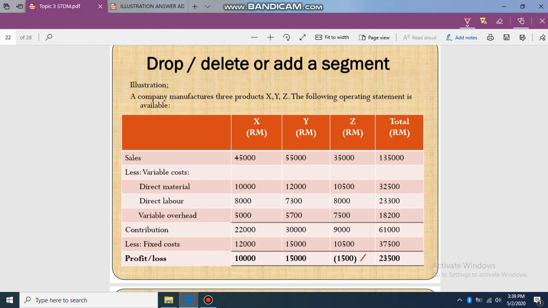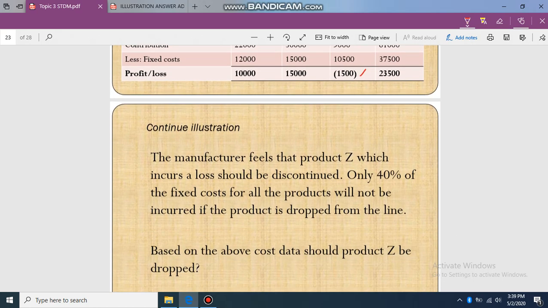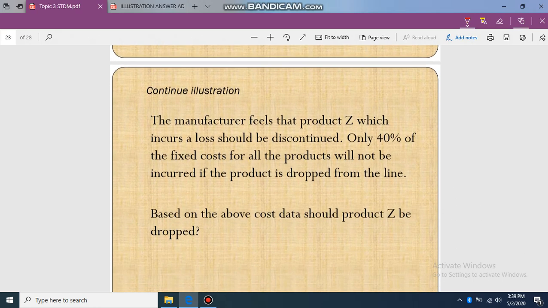It's only a loss. The company got a loss from production of Z, 1,500. So now the manufacturer feels that product Z, which incurs a loss, should be discontinued. So you have to advise the management whether the product should be discontinued or not.